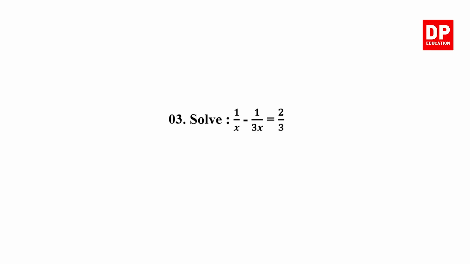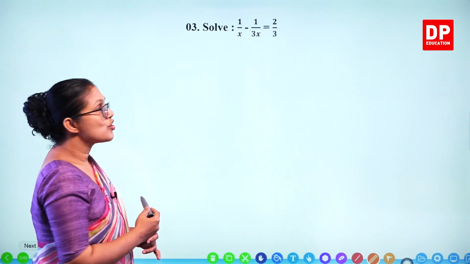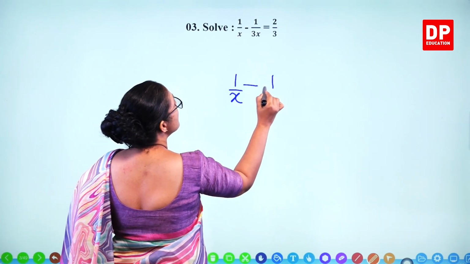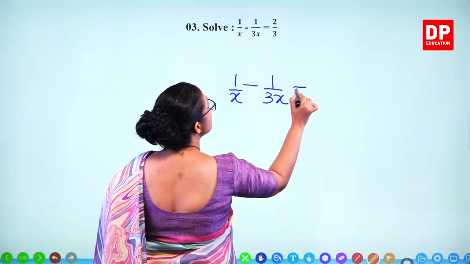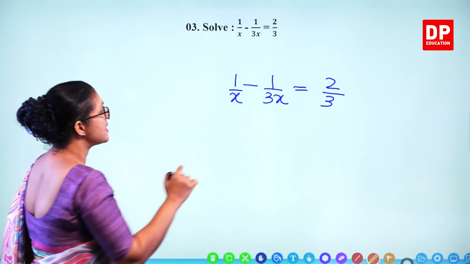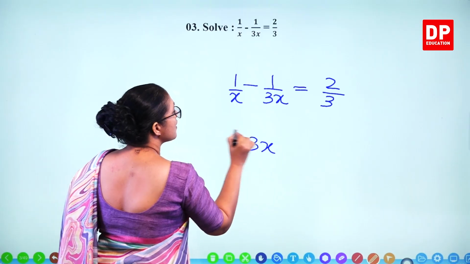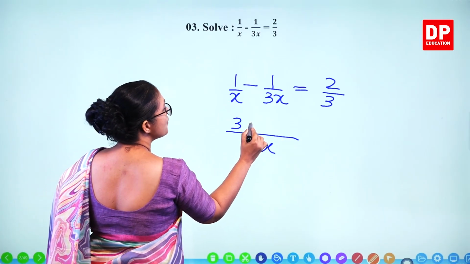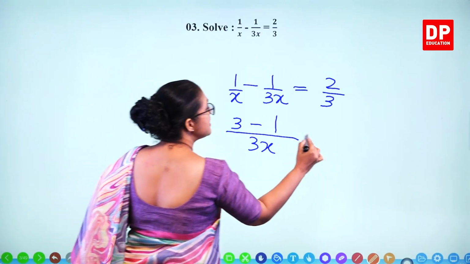Question number 3. Solve. Algebraic fractions, subtraction. So, what do you do first? Find the lowest common multiple and convert to the same denominator, 3x. Convert now, multiply this by 3. 3 times 1, 3. This one you write as it is.